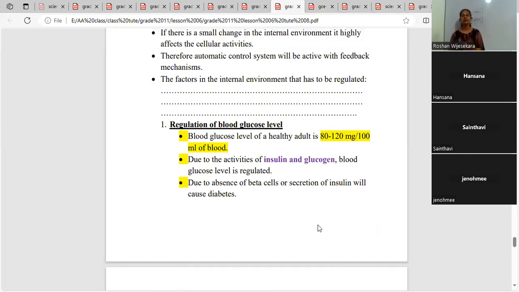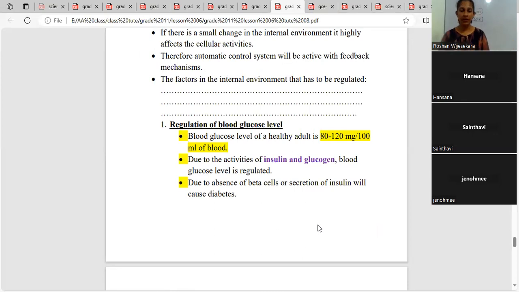We discussed the digestive system, respiratory system, excretory system, circulatory system, lymphatic system, and coordination and homeostasis in the nervous system.